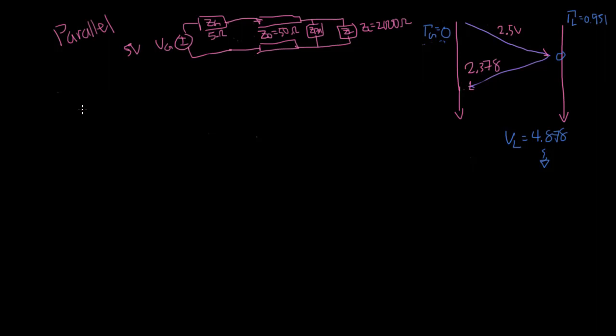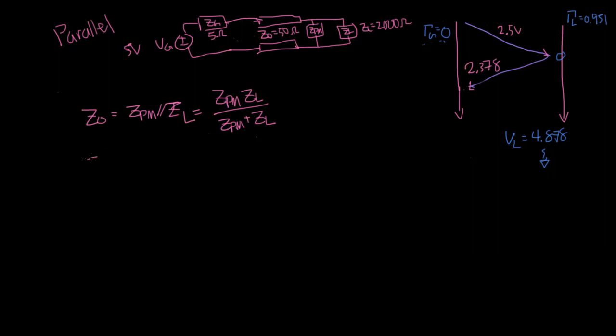So what we want is to have the two parallel values, ZPM parallel Z load, you want the two in parallel together to be equal to Z naught so that you get a match. And so if you write out the parallel resistor equation, you can then solve for what ZPM needs to be.